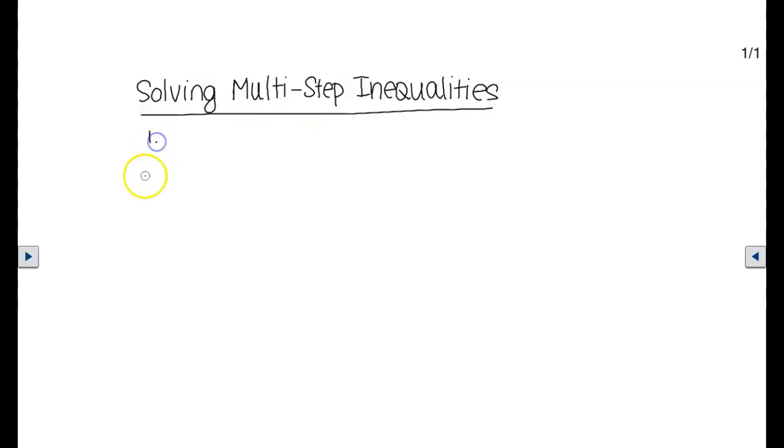Now, the good news is solving multi-step inequalities involves using the same 5 steps that you use to solve a multi-step equation.